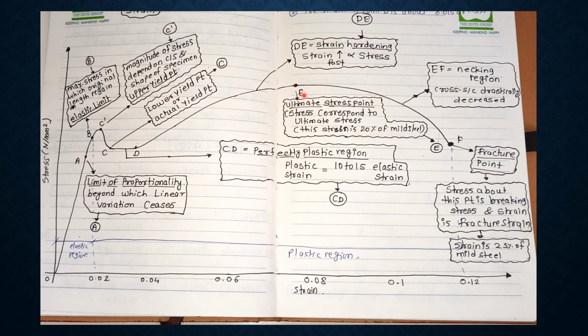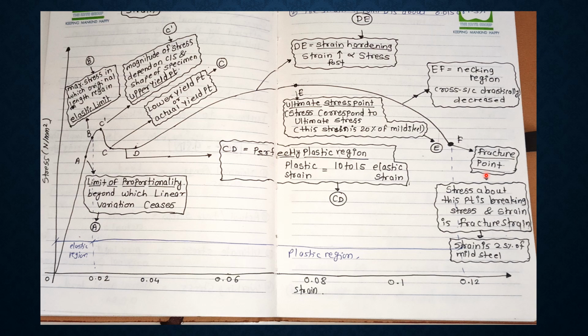Then after E, the point F rises, which is the fracture point, and the region between E and F is the necking region. In the necking region the cross section decreases drastically, and stress reduces with respect to strain. The last point is the fracture point, which is also the breaking point.